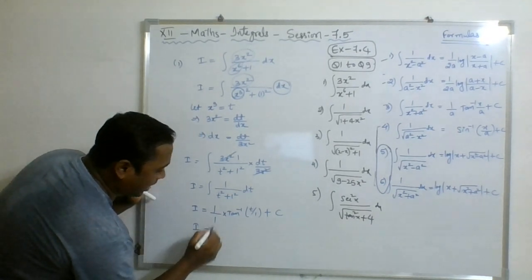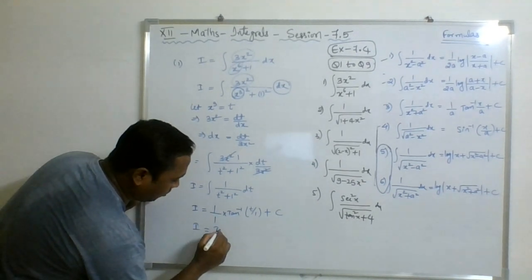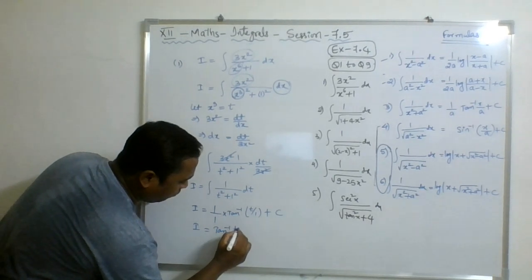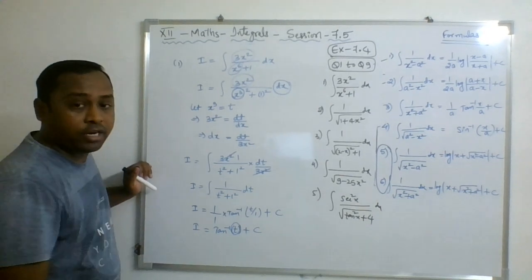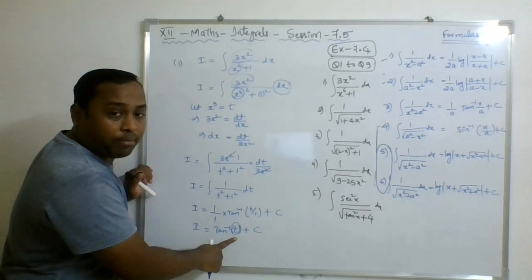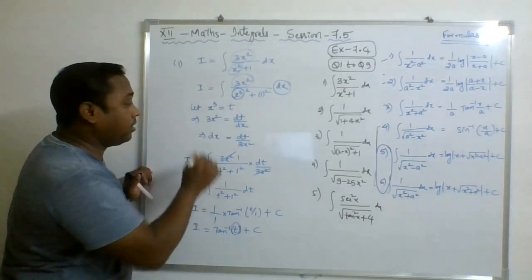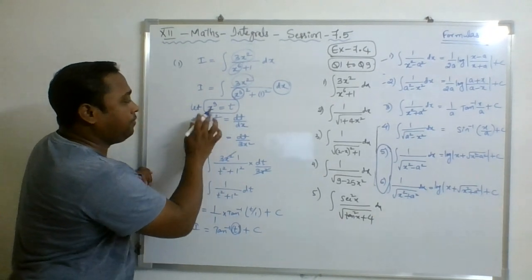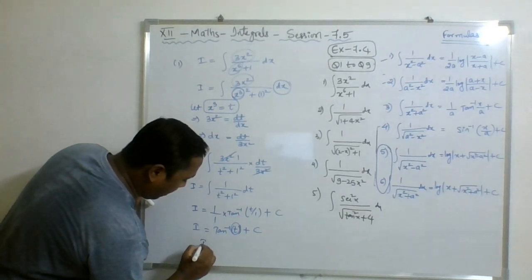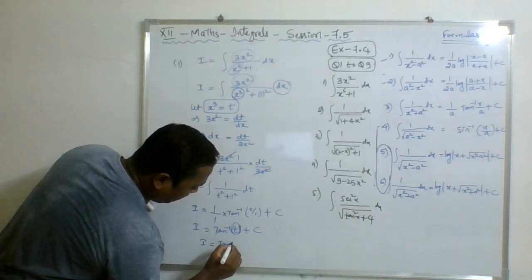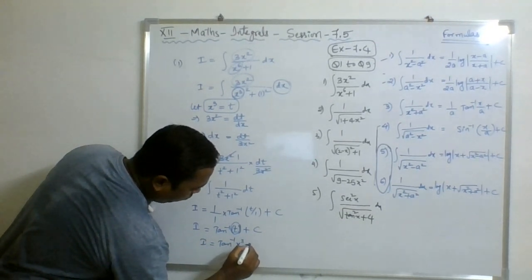And 1 by 1 is 1 only, no need to write this, so we are left with only tan inverse t plus c. And at the end, don't forget to replace this parameter with the original parameter. What is the original parameter we have? t stands for x cube. So we need to write the final answer as tan inverse of x cube plus c.